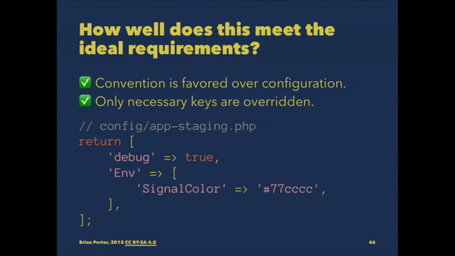They would have to do that anyway, even if we didn't have the system in place. And then all the other environments, because we've defined them to be less important, if they're wrong, at least we can catch it before it ships. We've also favored convention over configuration by quietly defaulting to production. So all in all, this does pretty well.